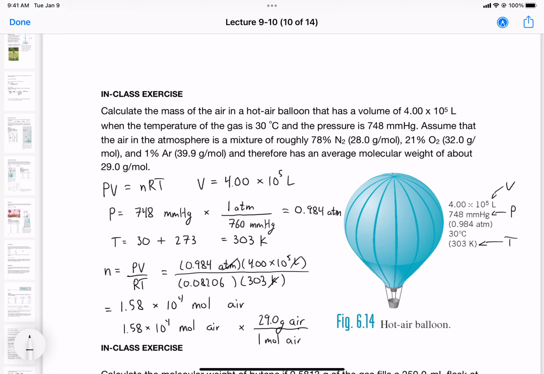So you might want to highlight this value when doing this problem to say, okay, I'm going to use this molar mass, not the other ones, because this one is for the air mixture and not pure elemental gas. Okay. So if we do that, we get a value of 4.58 times 10 to the 5th grams of air.